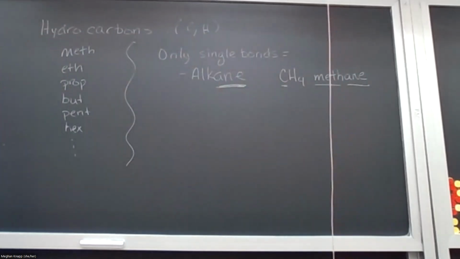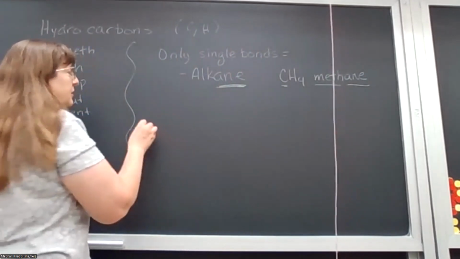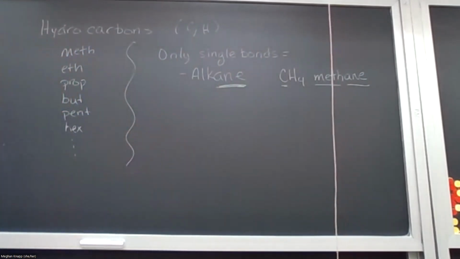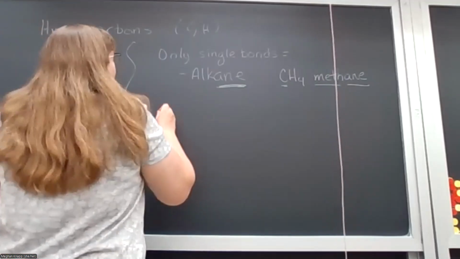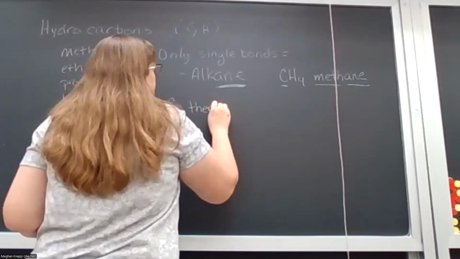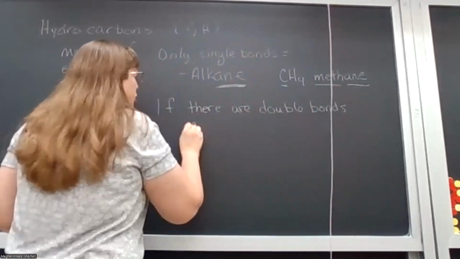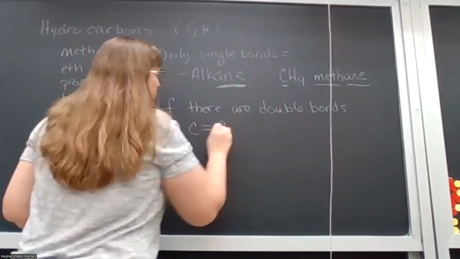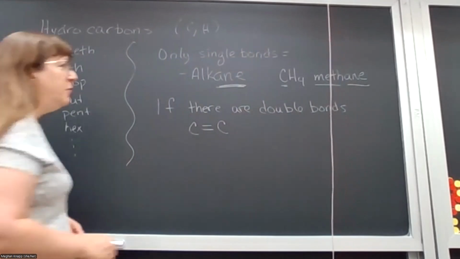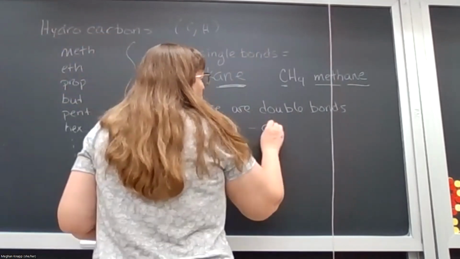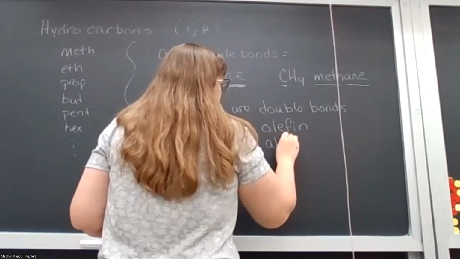All right, in your vocabulary, you had the term olefin. Anybody remember what an olefin was? Just wrote down the word and didn't really think about it. Okay. So if there are double bonds, and that's usually shown with what looks like an equal sign between the two carbons, then we call it an olefin or an alkene.